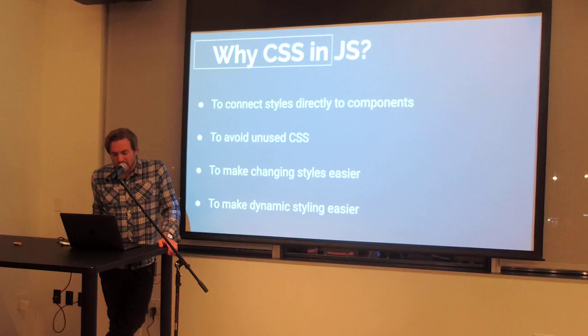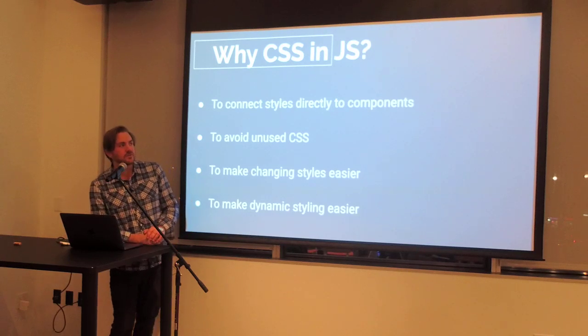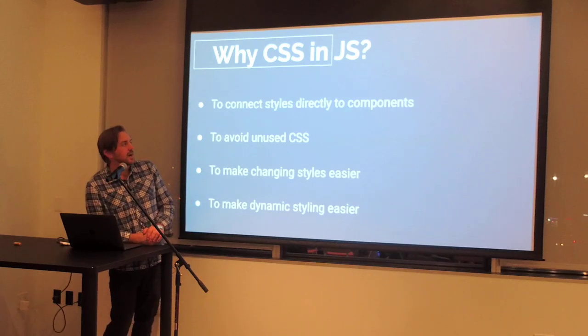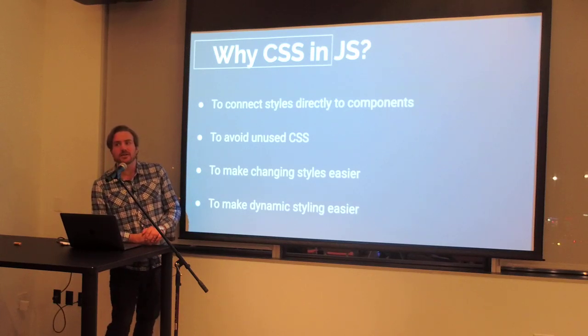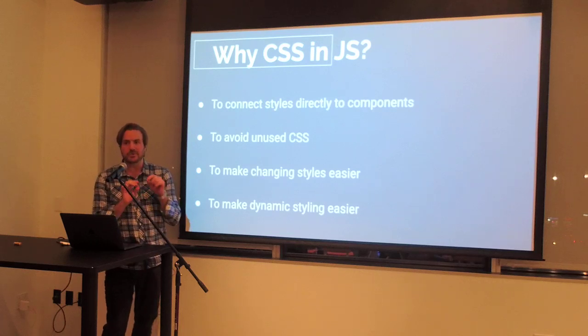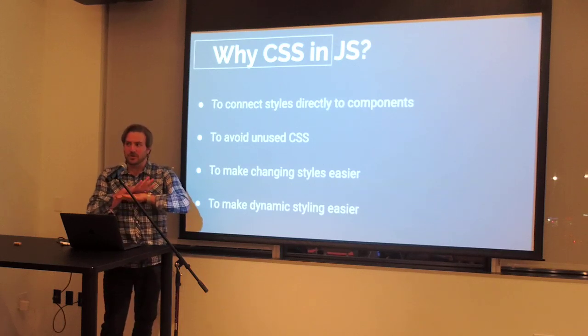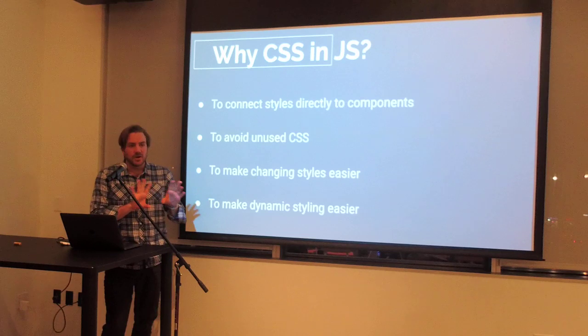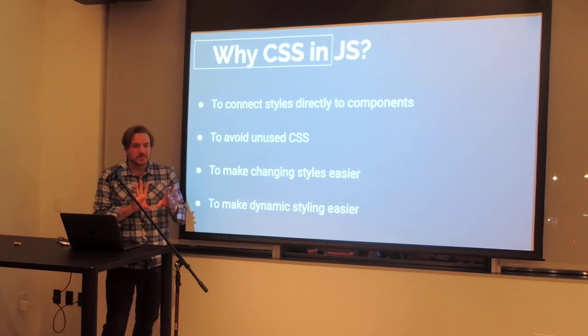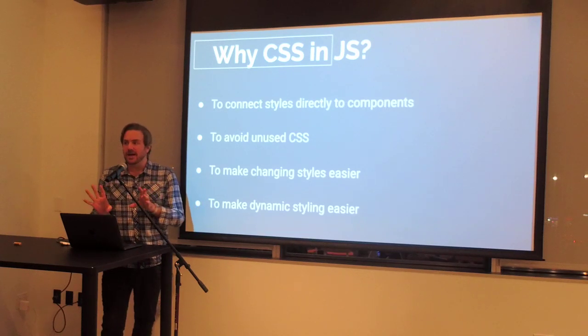It's also easier to avoid unused CSS because if you tie CSS directly to a component, you know that the CSS is only for that particular component. There's no other element that might be using that class or those rules.